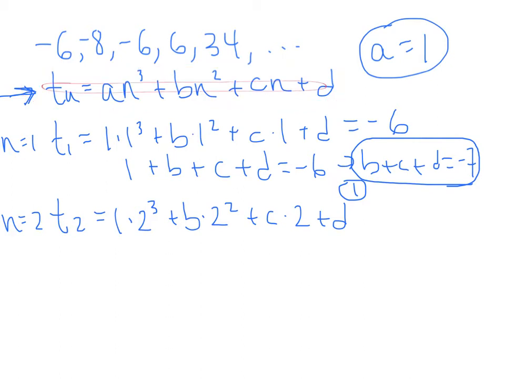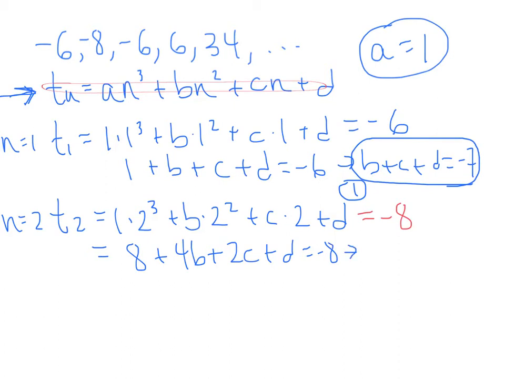Okay, so back to our second equation down here. Since I'm using information for the second term, I can go up to my sequence and fill in that this second term equals negative 8. So now I can set this equal to negative 8. Oops, I'm still writing in red. Let me switch back here. And I'm going to clean this up now. So my second term is equal to 1 times 2 cubed, which is 8, plus b times 2 squared, which is 4b, plus 2c plus d, and that is negative 8.